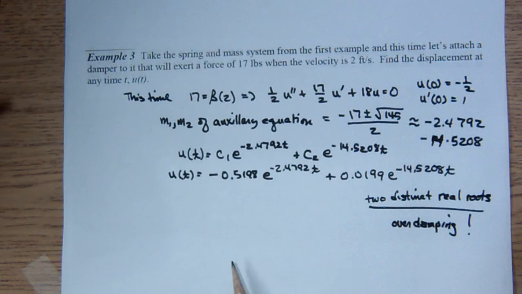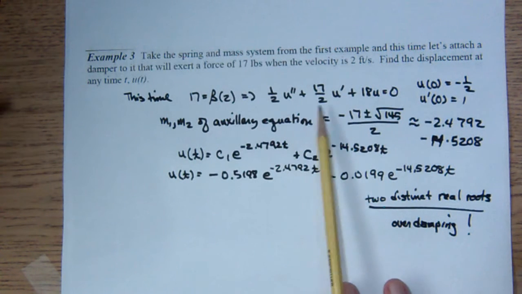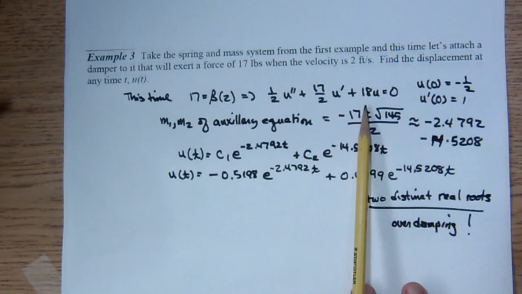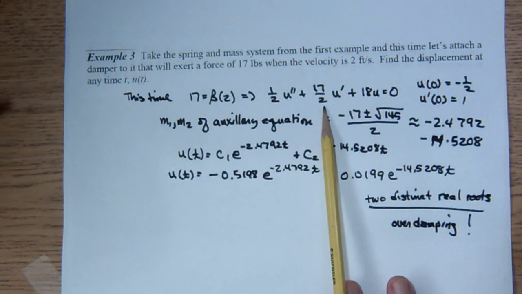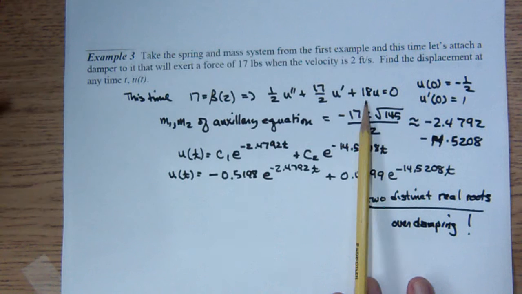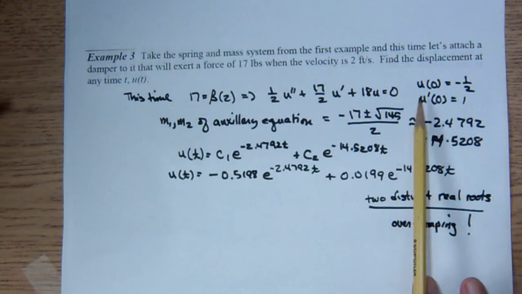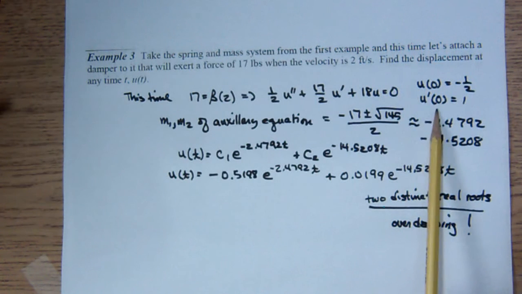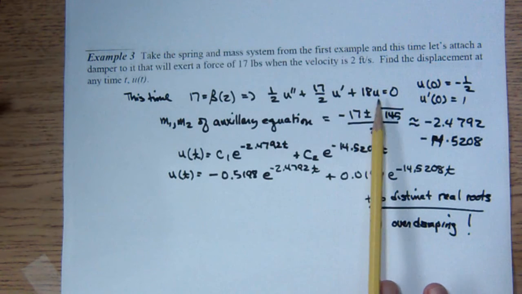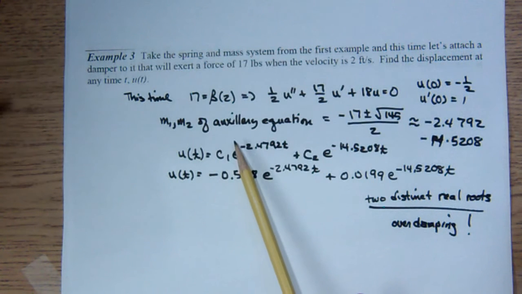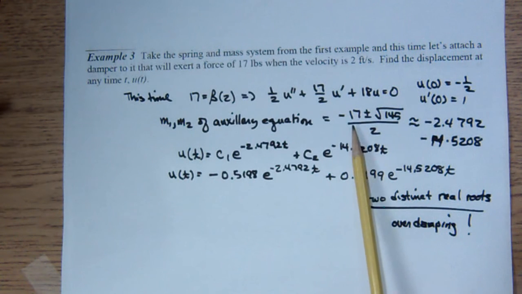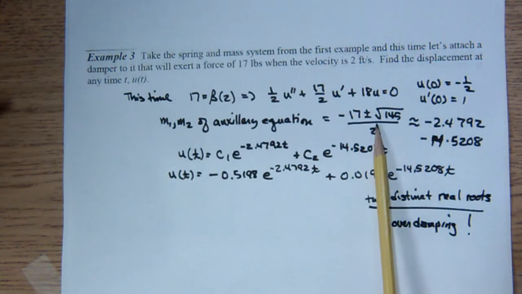So this is going to be d squared plus 17d plus 36 this time, with the same initial conditions as before. This is a different differential equation, and instead of a double root as before, we have two distinct real roots: negative 17 plus or minus square root of 145, over 2.